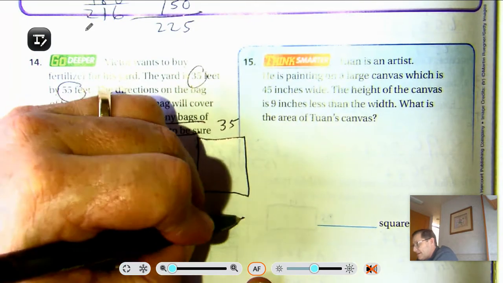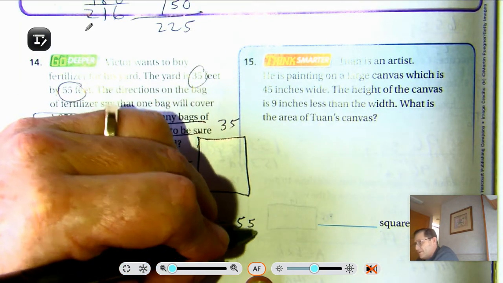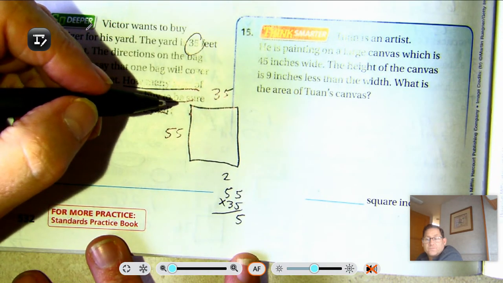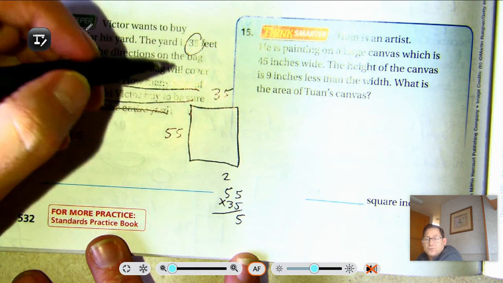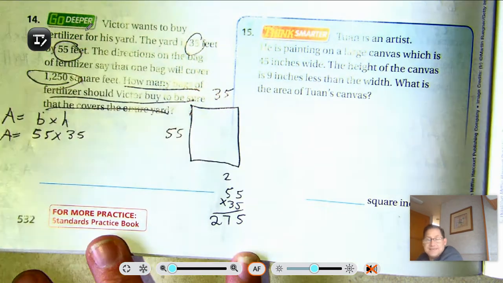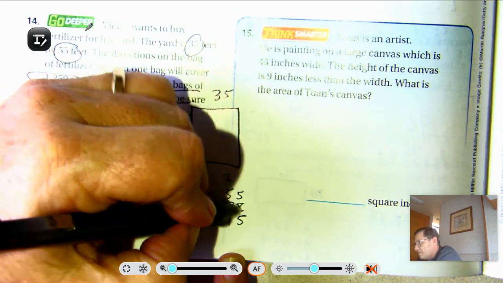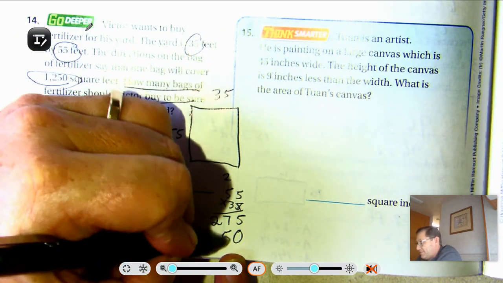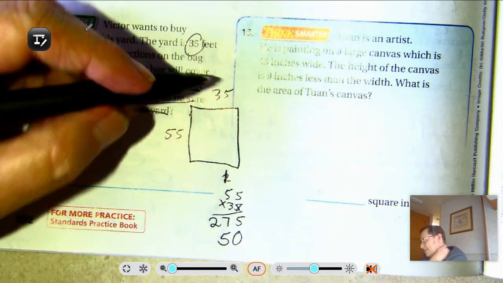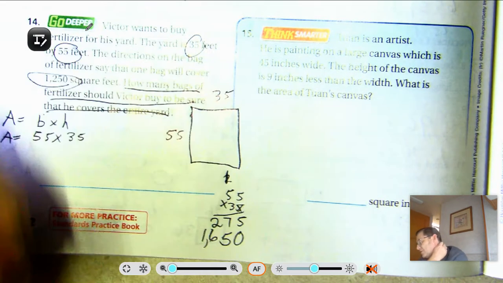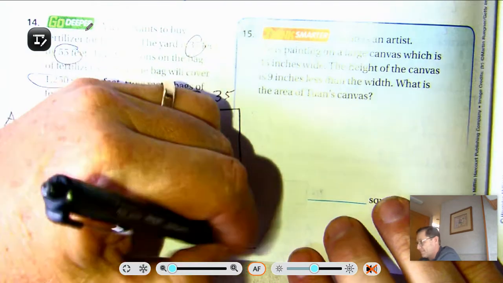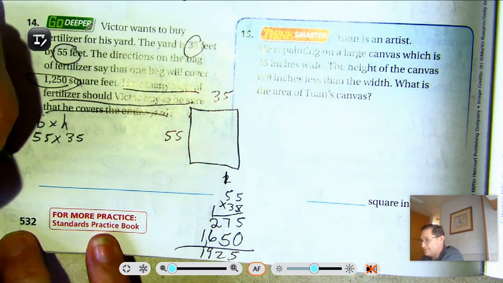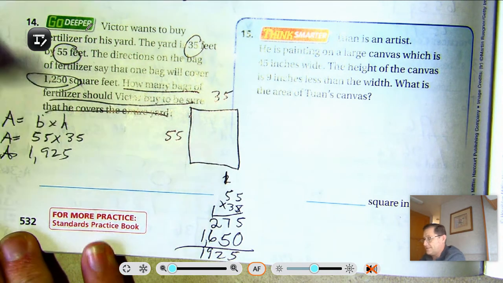And 55 times 35. 5 times 5 is 25. 5 tens plus the 2 regrouped tens is 27 tens. 55 times 30. Well, 3 times 5 is 15. Regroup as 1 ten, 15, 16, 1,650. Add that together, 1,925.